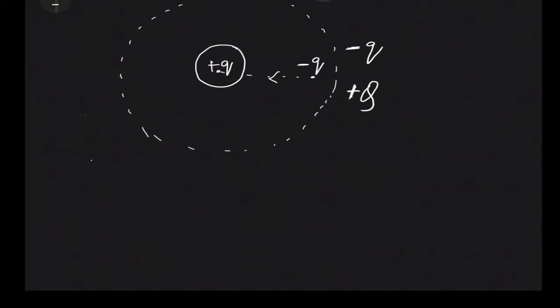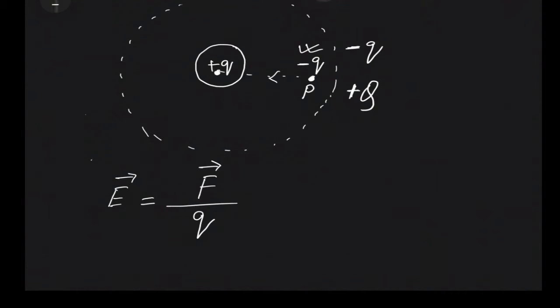Say in this example, this is my plus q charge and this is my minus q charge, placed at the point P. We already know Coulomb's law, so we can calculate how much force is exerted on this minus q charge. That force, if I divide by the magnitude of this charge q, gives me the electric field.